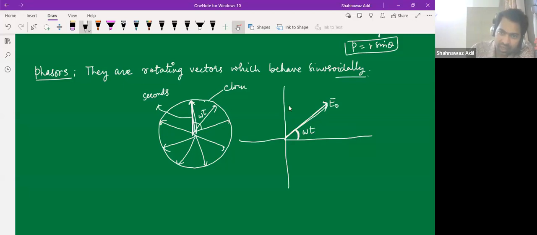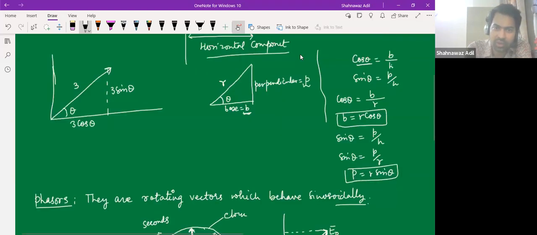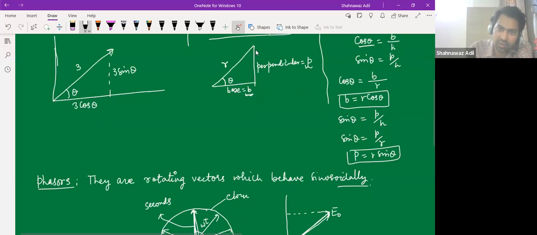And it will have a vertical component. So we talked about this vertical component. How much is this vertical component? That is r sine theta, right? This we understood in the previous class.